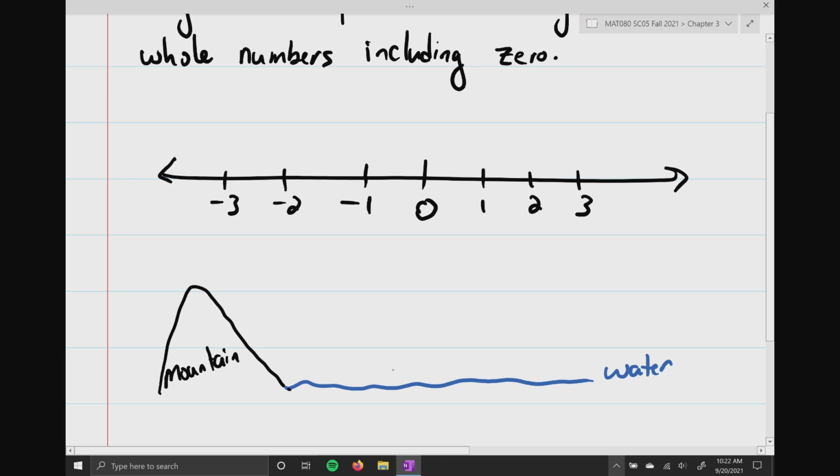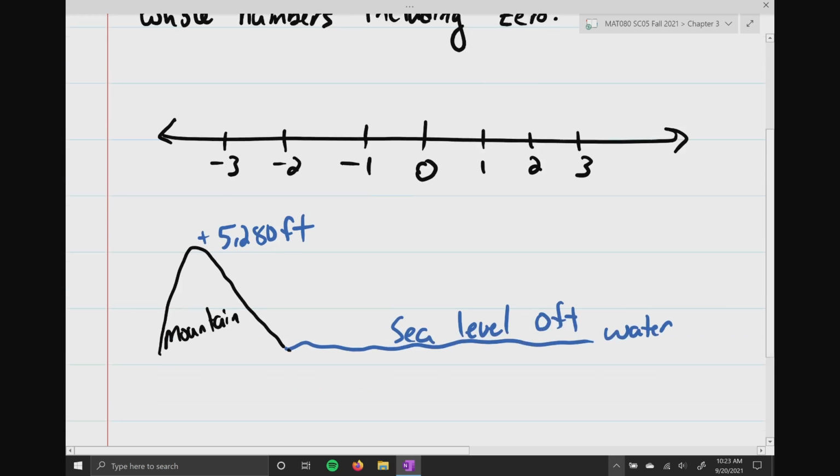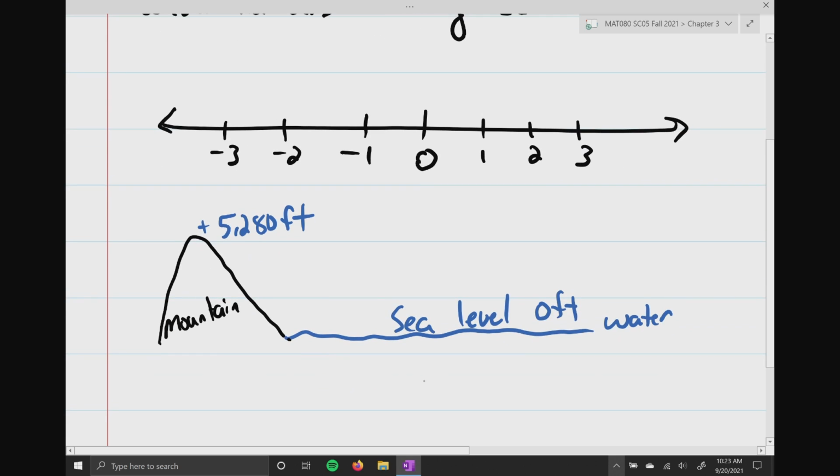But we call this sea level, which means 0 feet. The mountain could be mile high, 5,280 feet. Notice that's positive because it's above sea level. And then below sea level, our little happy fish. There's our little fish.